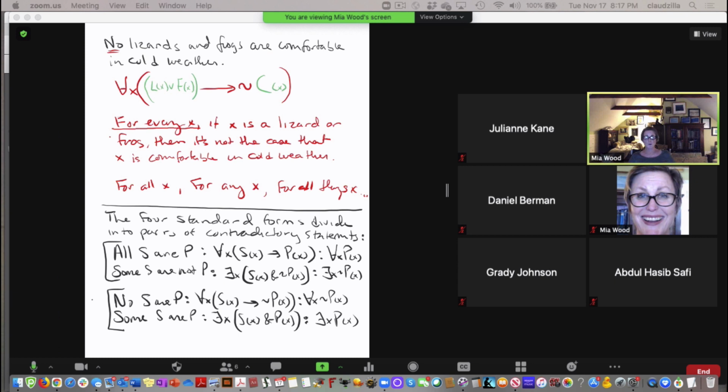Same with the universal negative and the existential affirmative. If no S are P is true, some S are P must be false. If some S are P is true, no S are P can't be true.